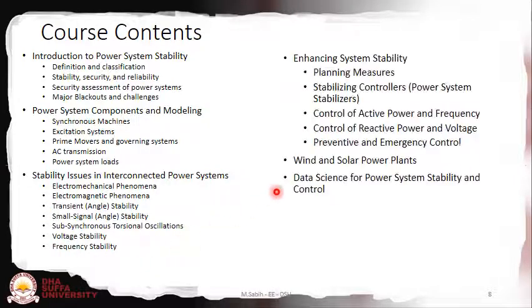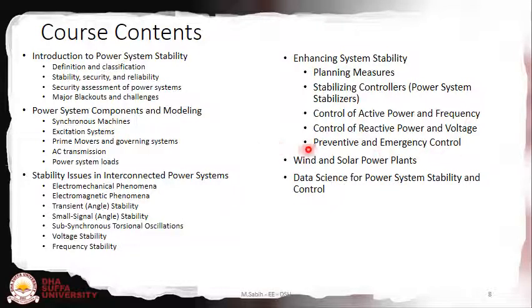After knowing the stability against different disturbances, it's logical to go towards enhancing the system stability. So we will see what planning measures can be taken, how the stabilizing controllers can be developed and designed, power system stabilizer for example, and how to control the active power, frequency, reactive power and voltage, and what the preventive and emergency controls are.